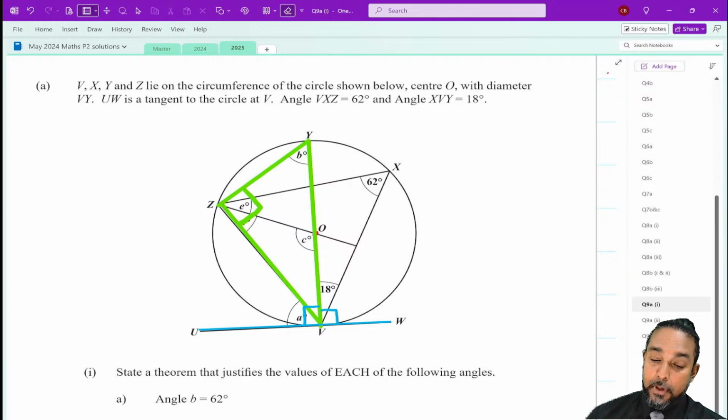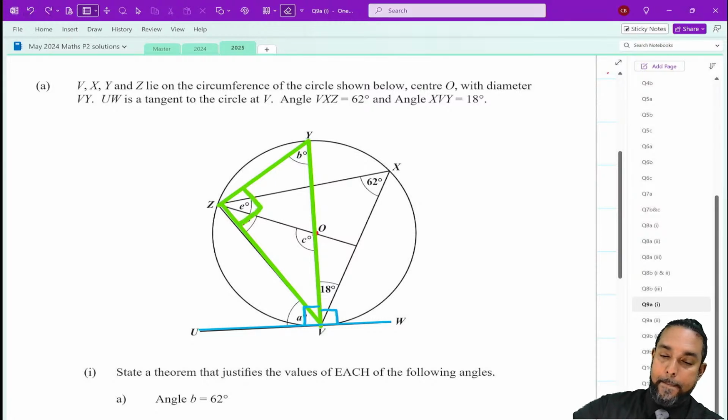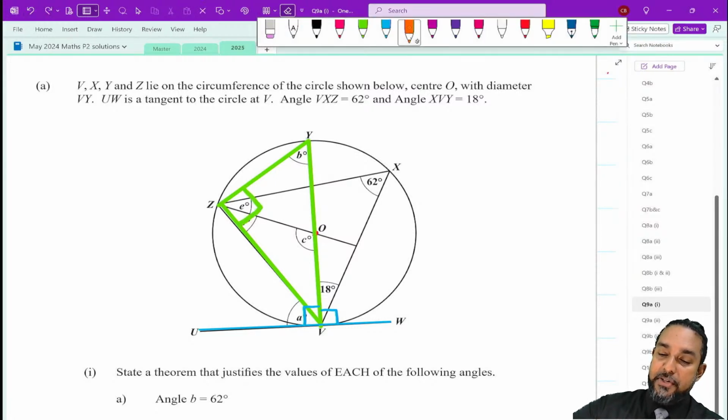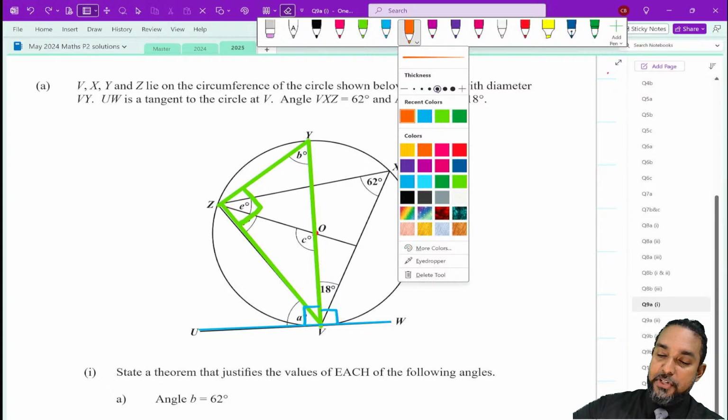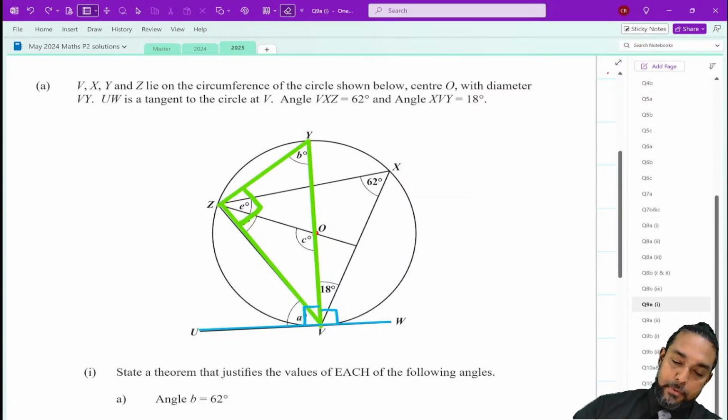All right. Now we also have another rule about the angle between tangent and chord. So what is that rule? Anybody remember? The angle between a tangent and a chord is equal to the angle in the alternate segment. So this line here is a chord.